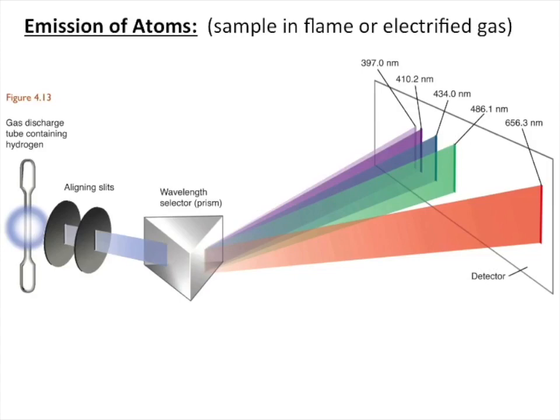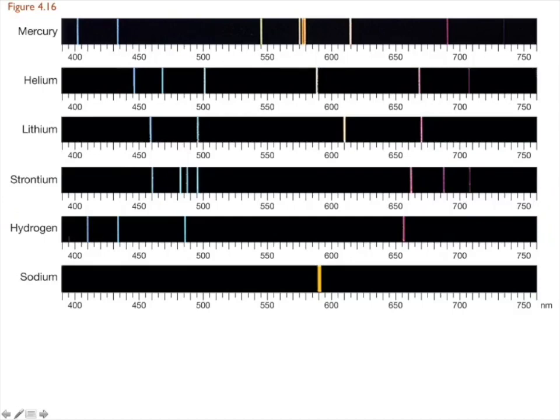So there's got to be a reason why, and they didn't know the reason why. Another picture of this, so the x-axis of all these little black boxes is wavelength in nanometers, and it shows that different elements have different sets of wavelengths too. That, at the time, didn't make any sense.